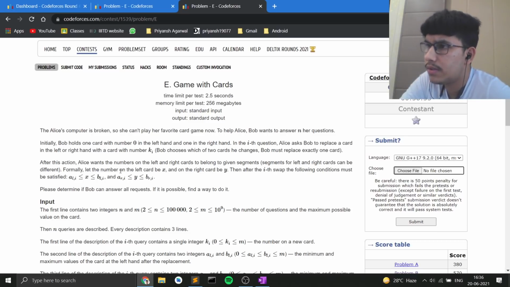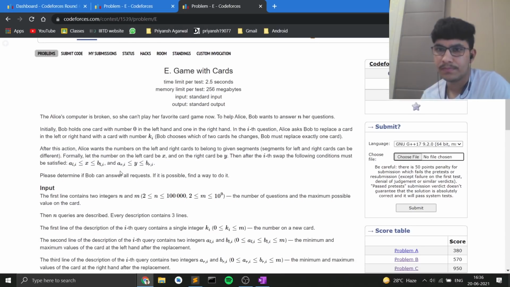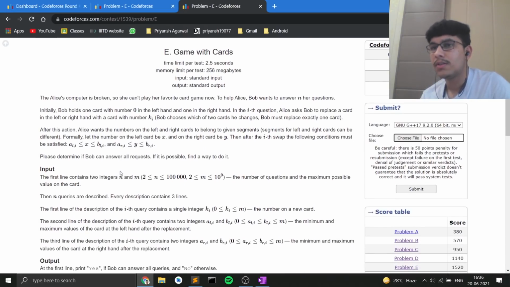In the ith question, Alice asks Bob to replace a card in the left or right hand with a card with number ki. Oh, alright. Bob can answer all requests.